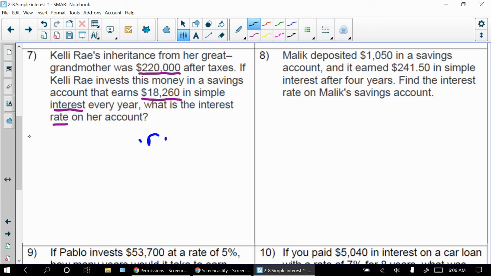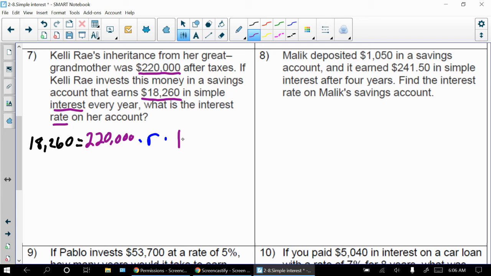All right. So we know our interest. How much did she make every year? Was 18,260. How much did she deposit? Was 220,000. That's a comma, not a decimal. And how many years? Every year. So we are just looking for 1.